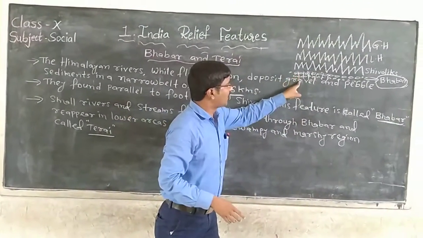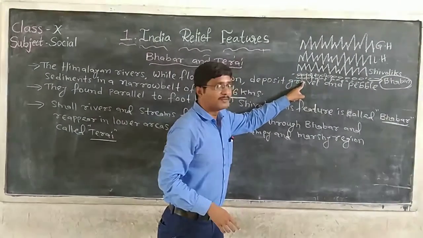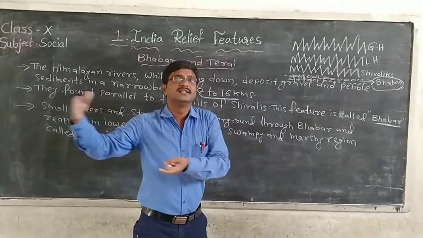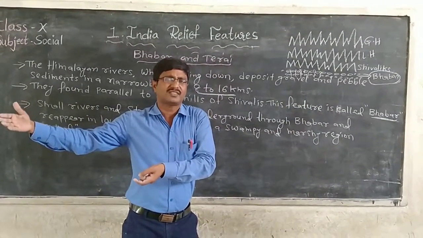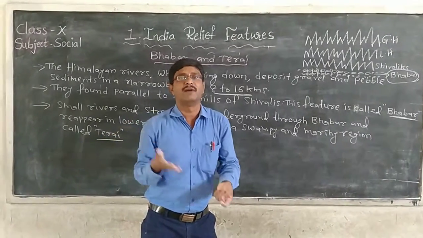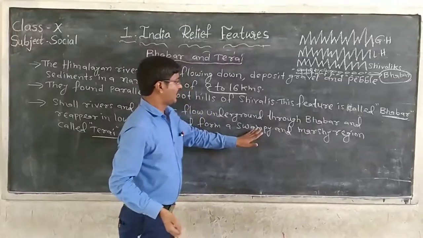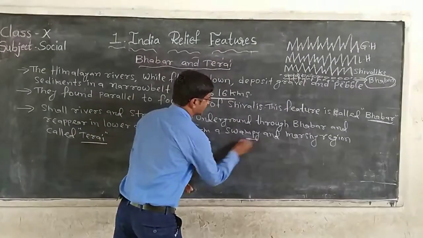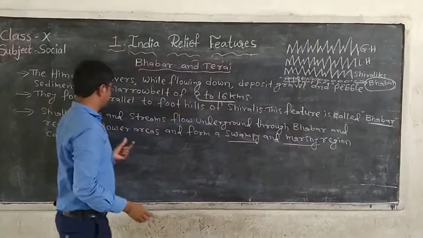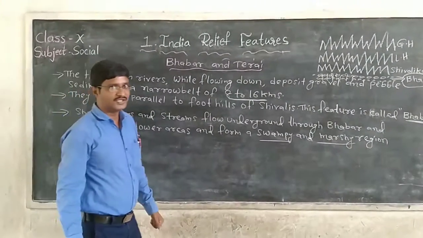See, when the stream water flows through the Babar, that region becomes swampy and marshy. It becomes wet. That swampy and marshy region is called Terai.